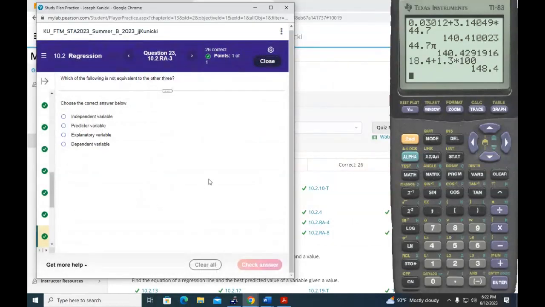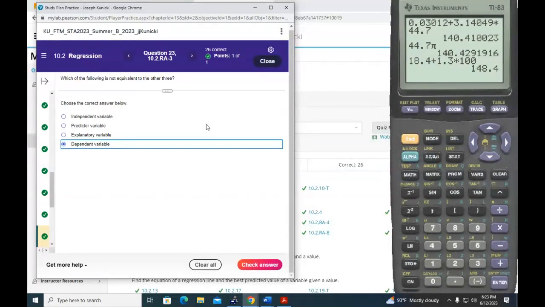And then number 3, which of the following is not equivalent to the other 3? X is the predictor, the explanatory value. Independent is the X. Explanatory is the X. So dependent is the Y. Predictor, explanatory, independent all mean the same thing.